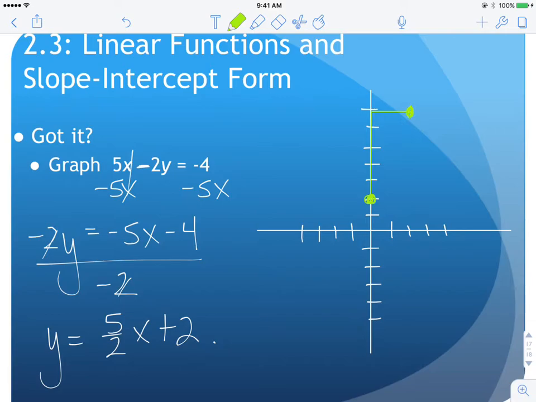But I've run out of room now. So instead of rising 5 and running 2, I'm going to drop down 5, and then I'm going to go left 2. The reason I can do that is because 2 negatives make a positive, and it still gives me a line with positive slope.